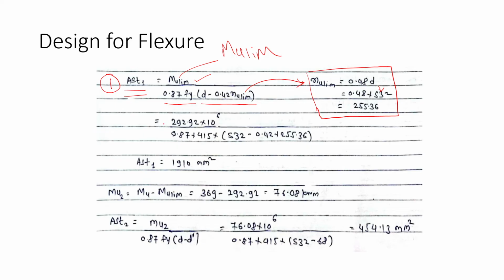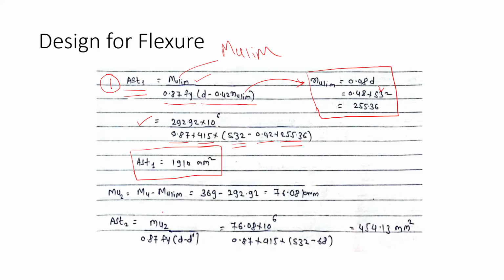Now you just put in the values of Mu limit, 0.87, the value of fy, d, and d minus 0.42 times xu limit. You will get AST1.